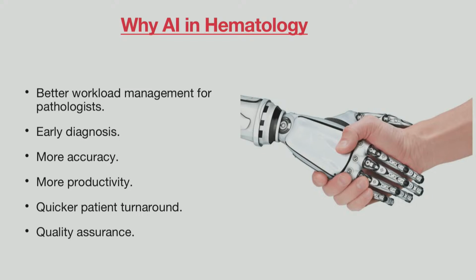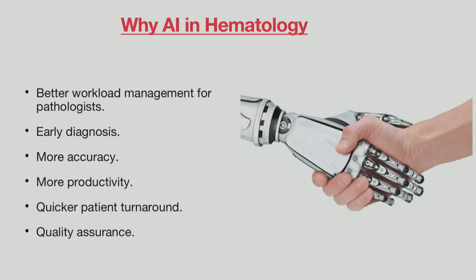So in the first place, why is there a need for AI in hematology? Hematology is a very challenging branch, which needs very skilled professionals to detect blood cancers. For example, the CBP is a simple test, the first step to identify blood cancers.